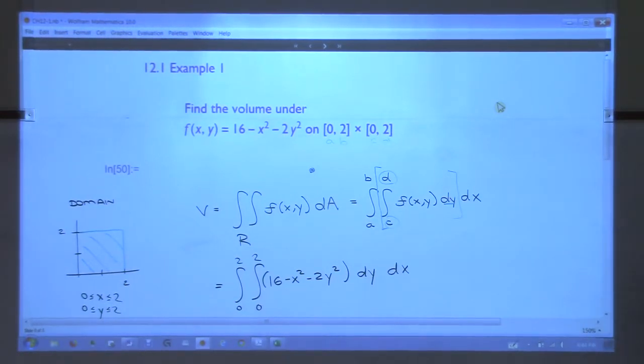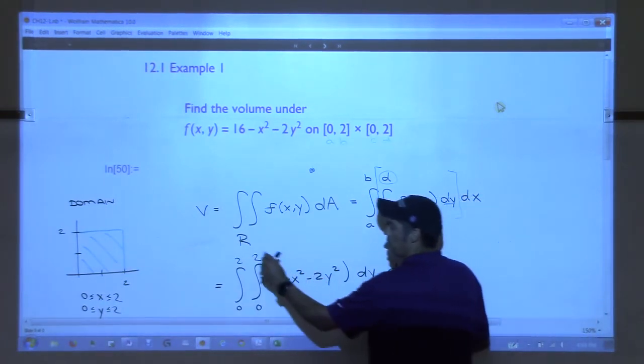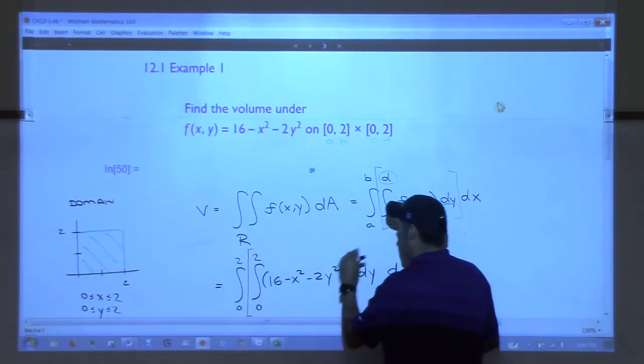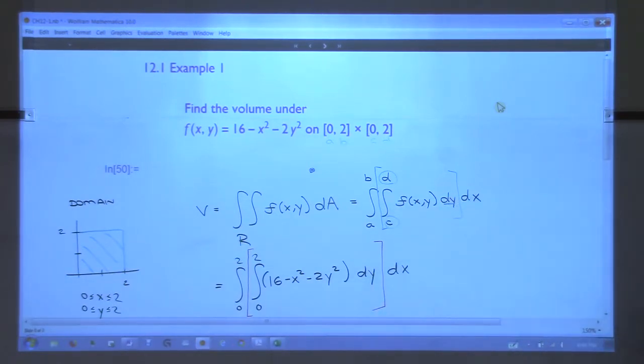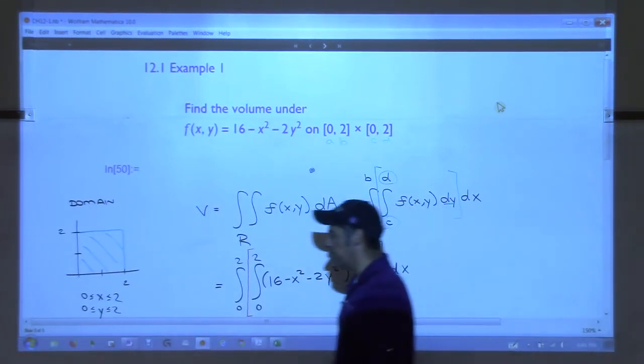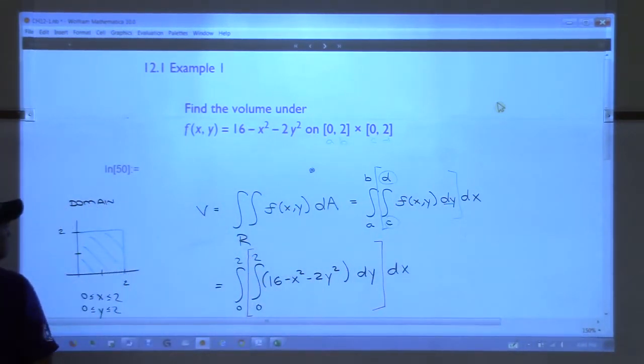Let's do some integration. And we're going to start with this first one. And we're taking the antiderivative with respect to y, which means we're going to treat x like a constant, okay? And we're doing antiderivative, not derivative, right? So let's do it.